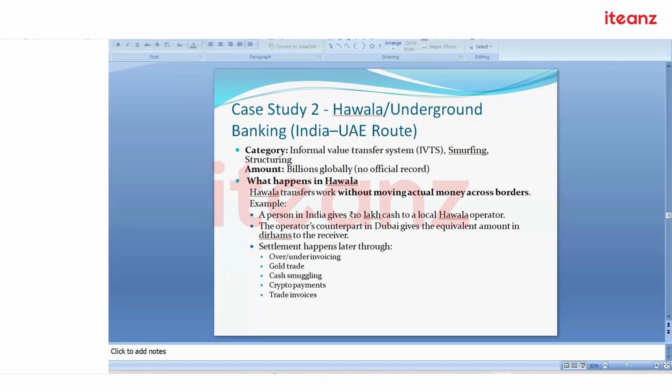When you say trade, it can be in your stock exchange also. And then there is something called Hawala also. One more case study.